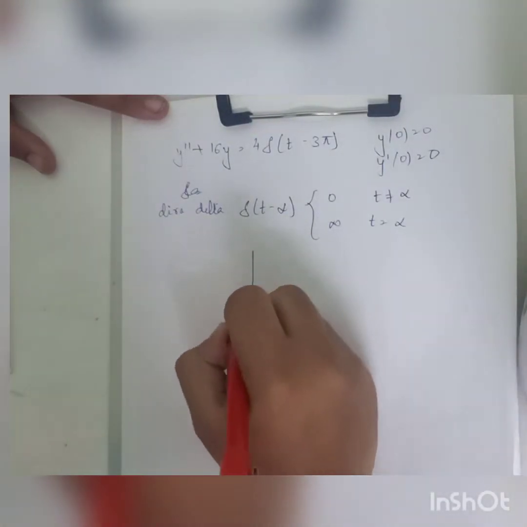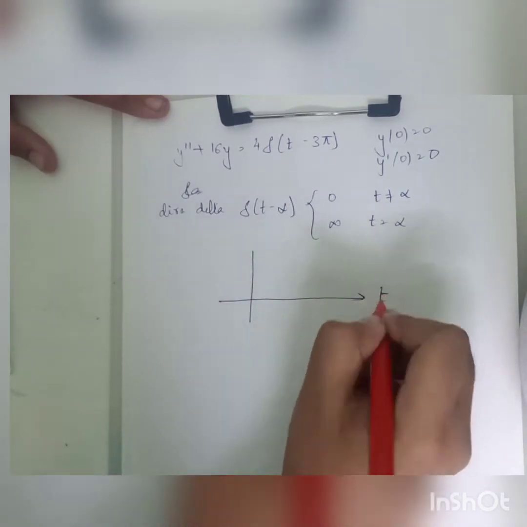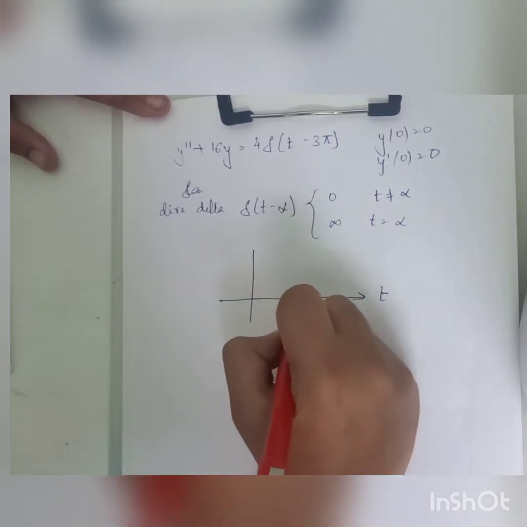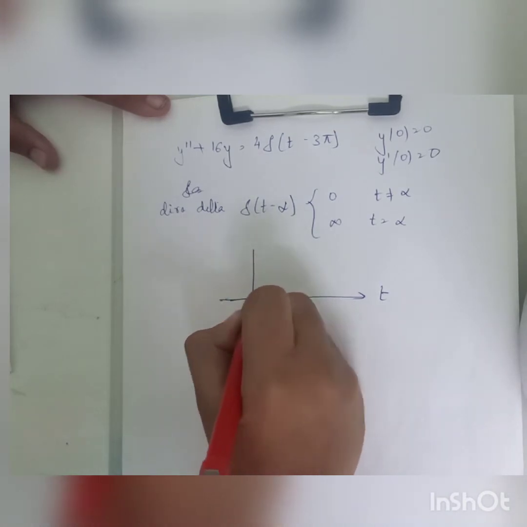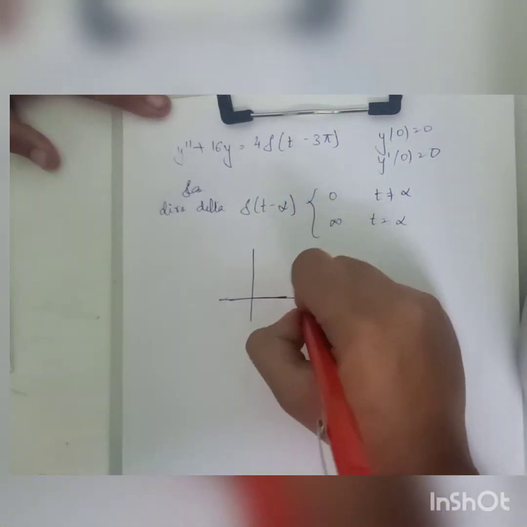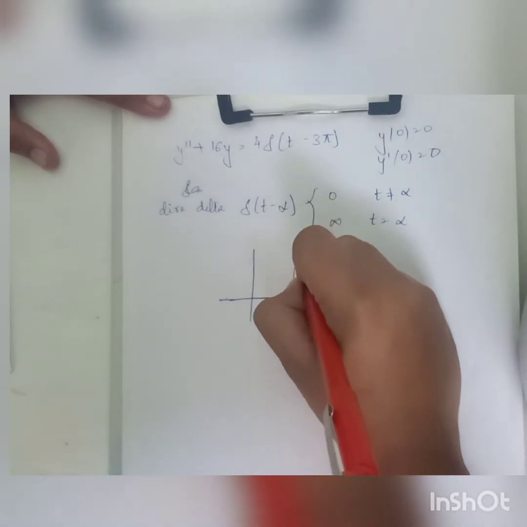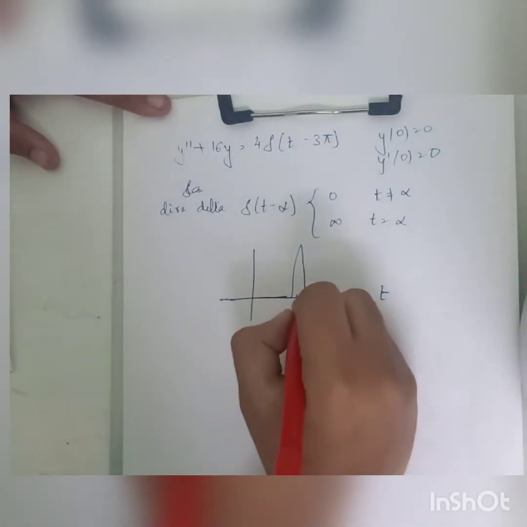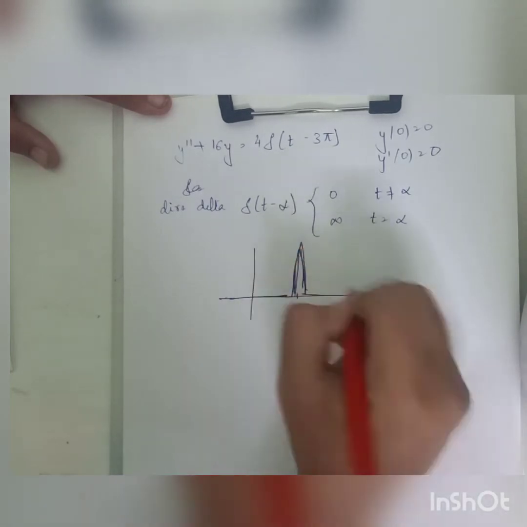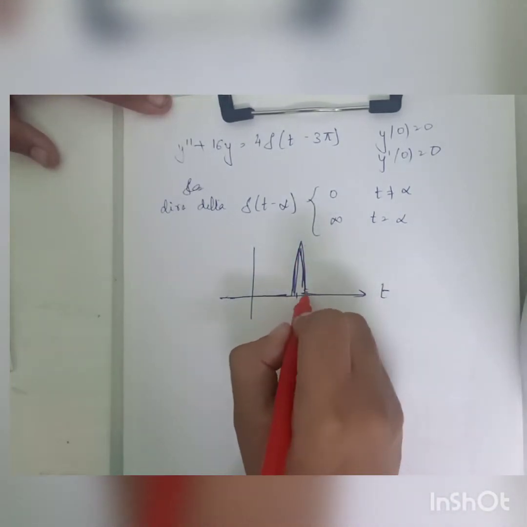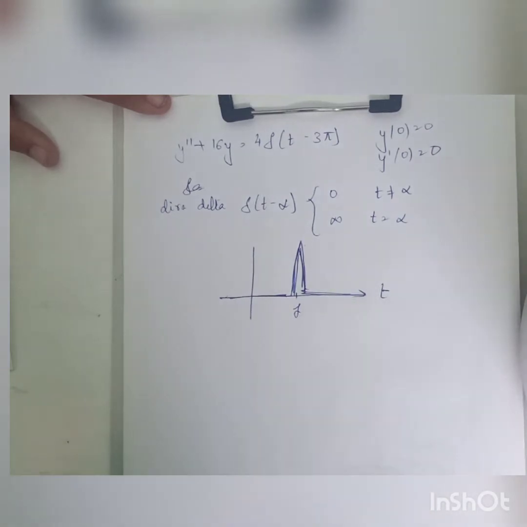How can we graph it? If this is t and this is alpha, the value remains 0 until alpha comes. It suddenly shoots up to infinity, very narrow, and then again becomes 0.